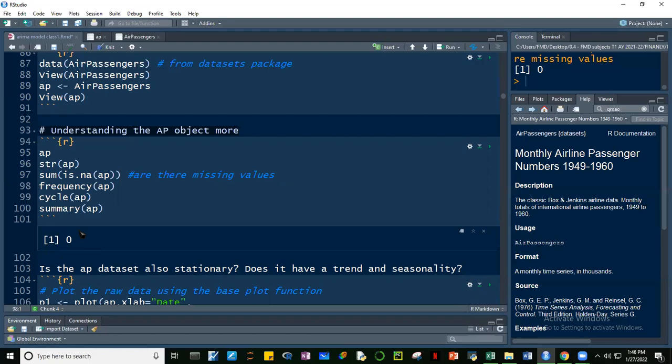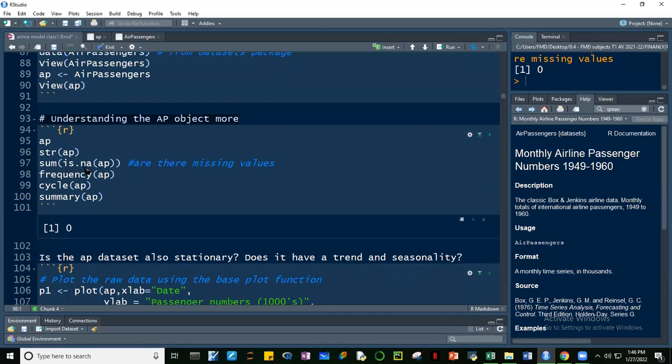Anyone please? Ano ibig sabihin ng 0 dito? Ibig sabihin, wala siyang missing data. No? Okay? Importante malaman natin kung may missing data niyan, kasi minsan, lalo sa time series, pag may missing data, hindi mo mamamodel siya, nag-error siya.